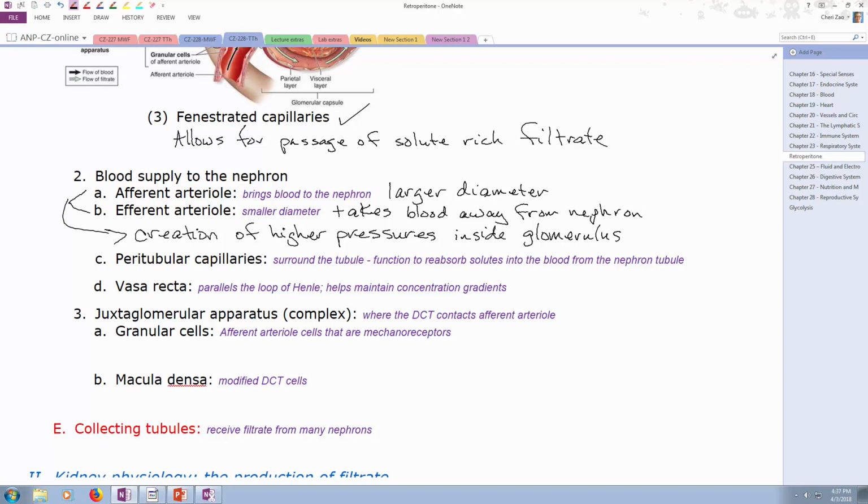Then we will give rise to what are called peritubular capillaries. The efferent arteriole isn't done because it's got arterial blood in it. That means it still has good nutrient-rich blood in it.